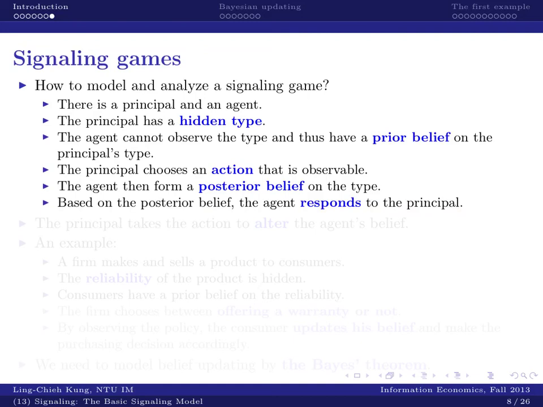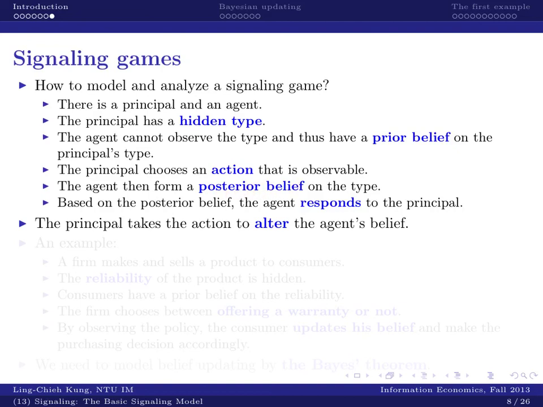If I do not provide the warranty, they may feel uncomfortable. They may be afraid that my product is bad, so they may not buy it. But when they see a warranty offered by me, they update their belief and think my product is good, and then their response may be just buy it. So, as a principal, I anticipate that's going to happen.